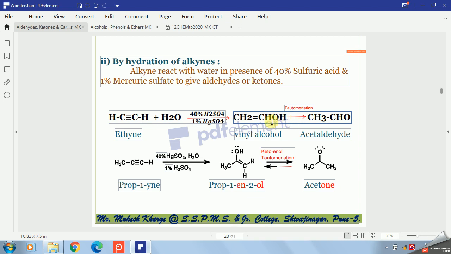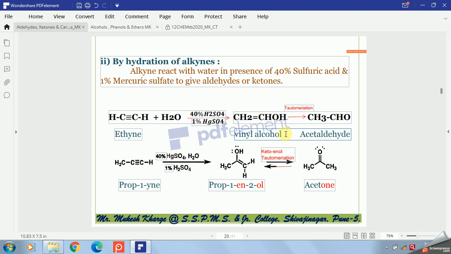Okay, so in this compound, two carbons contain a double bond and one carbon of that double bond contains OH. So one compound contains two functional groups on the same carbon. Such a carbon is called a vinyl carbon, and OH is the functional group.